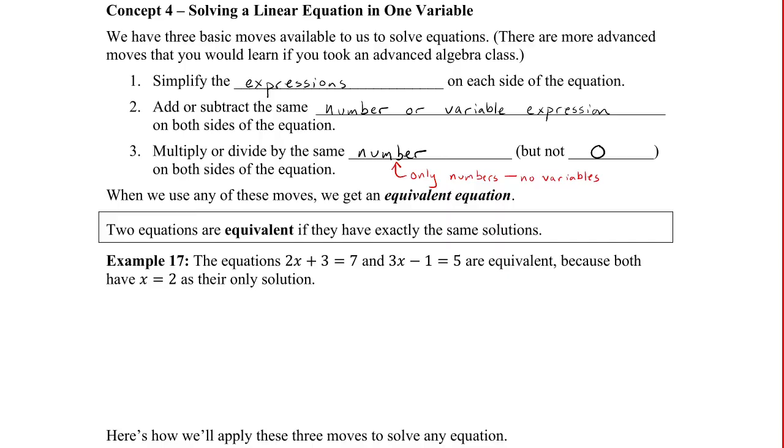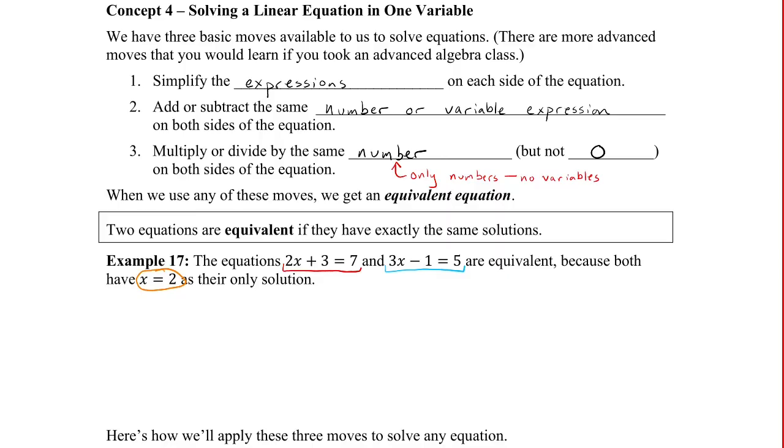In example 17, we're saying that this equation, 2x plus 3 equals 7, and this equation, 3x minus 1 equals 5, are equivalent equations because they have the same solution. And the solution we're talking about is x equals 2.